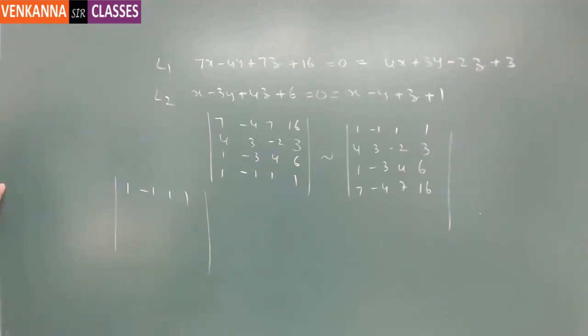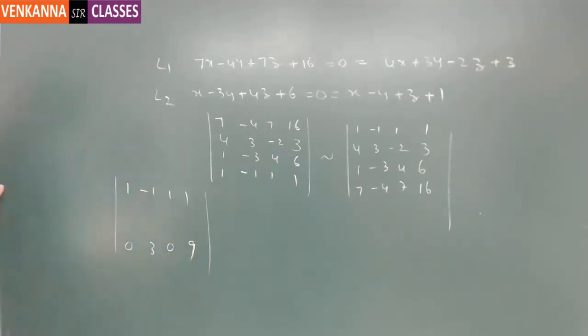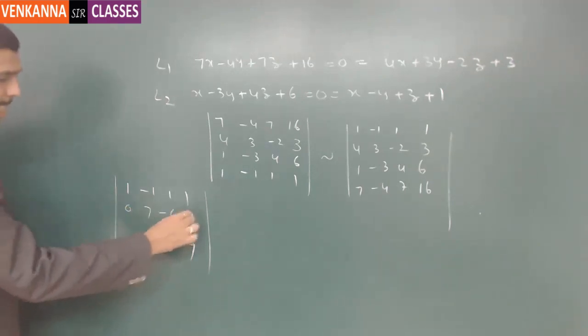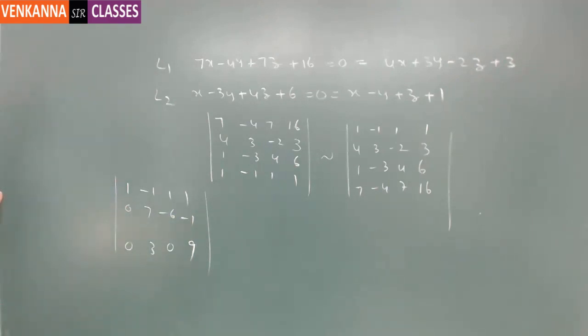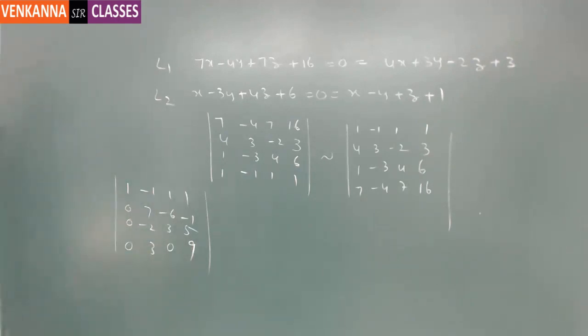So you have the things 0, 3, 0, 9 here, and it will be, so this is a thing after applying the row operations. R2 tends to R2 minus 4 R1, R3 tends to R3 minus R1, R4 tends to R4 minus 7 R1.